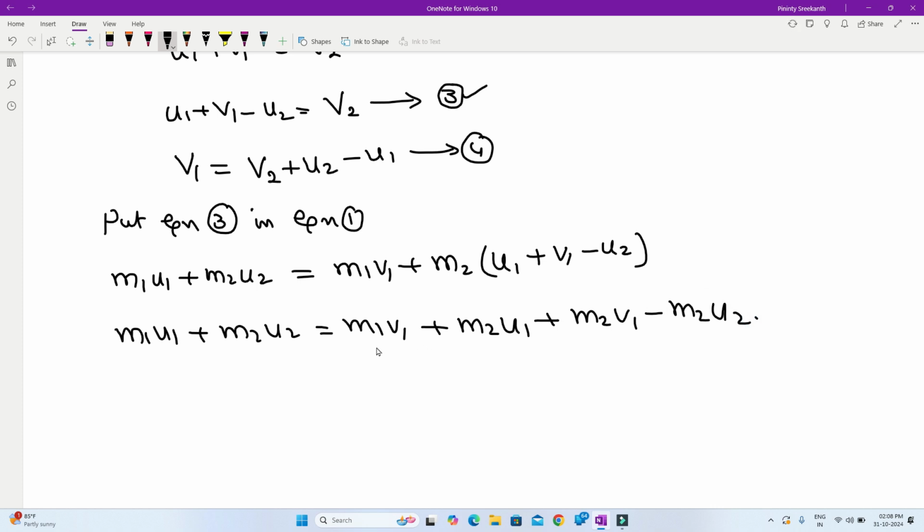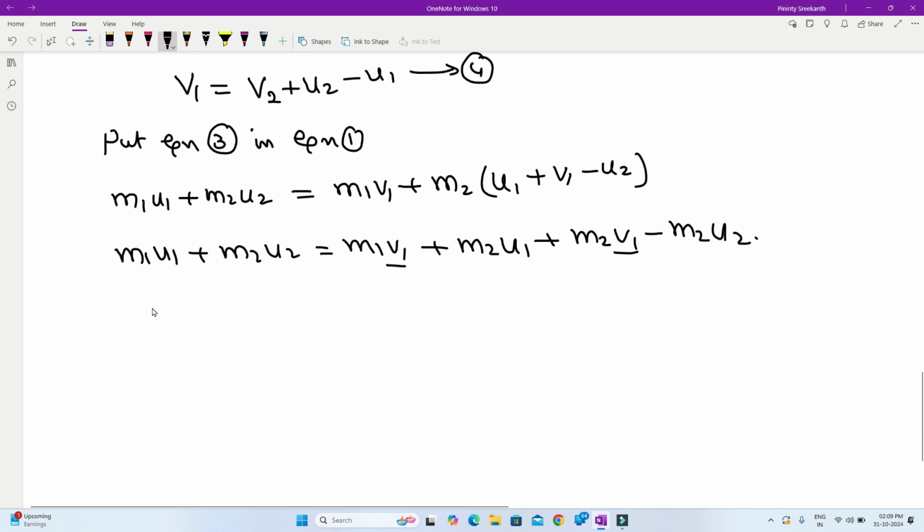Now we have to find the value v1 here, the final velocity of the first body. So for that, write m1 u1 as it is. Then you have to write this term here.